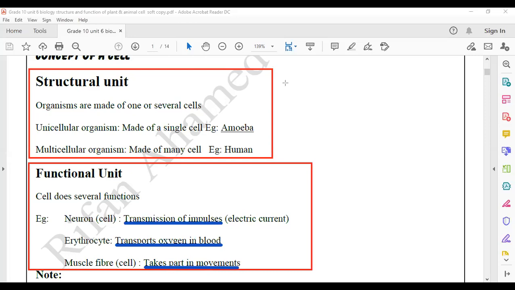To identify easily, if I say oxygen is transported by a cell, it is a common word, right? Oxygen is transported by an erythrocyte means specific, correct or not?